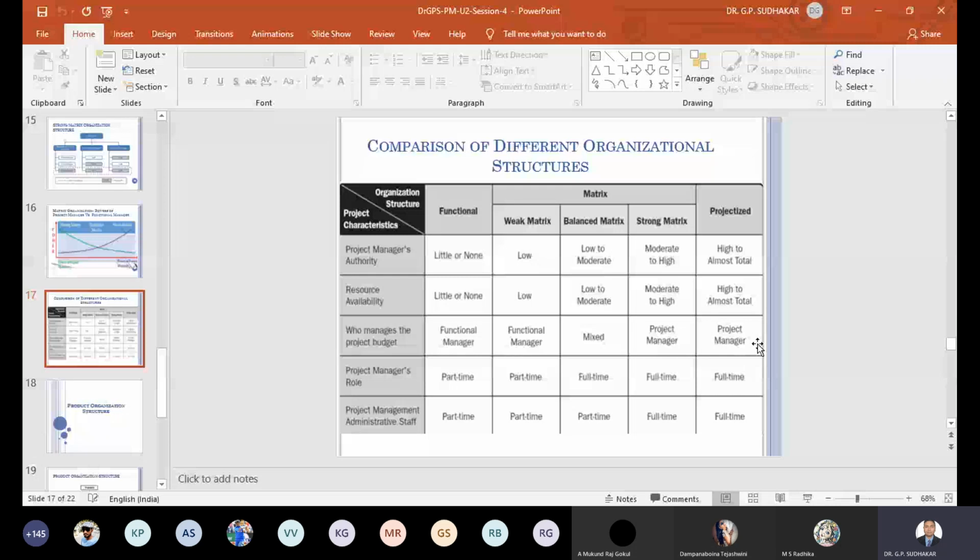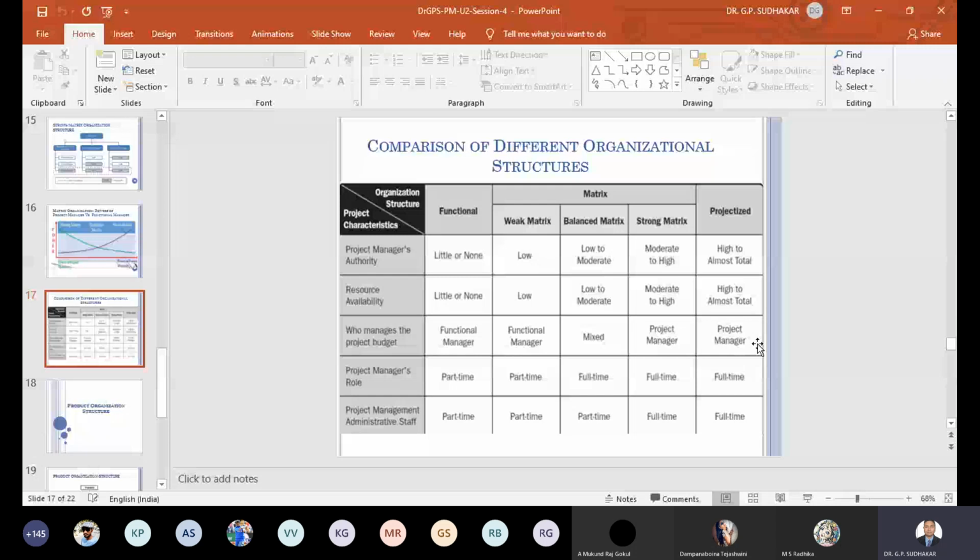Whereas in project oriented or strong matrix organization structure, the project manager will be full time in the team, executing the project tasks. Similarly, project administrative staff are part time in functional and weak matrix, and full time in strong matrix and project oriented organization structures.